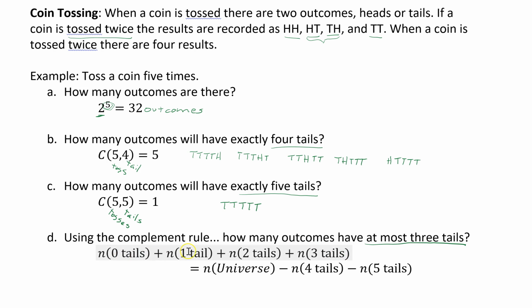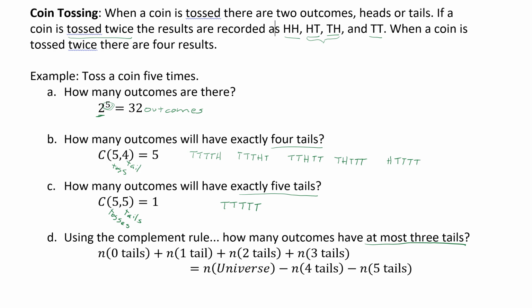You can see that would require 4 different calculations. So another way to do this is to look at the opposite of having at most 3 tails. That would be having 4 tails or 5 tails, and then subtract those answers from the universe.